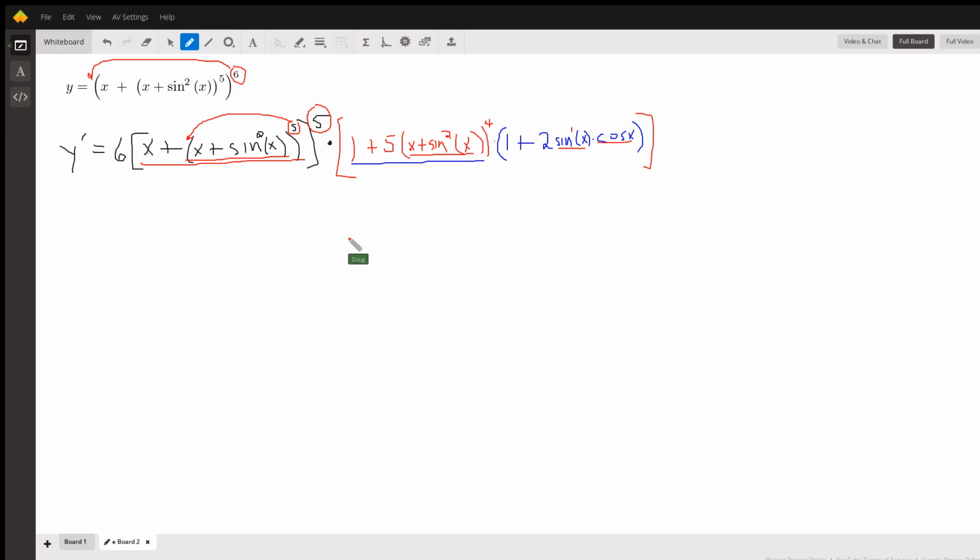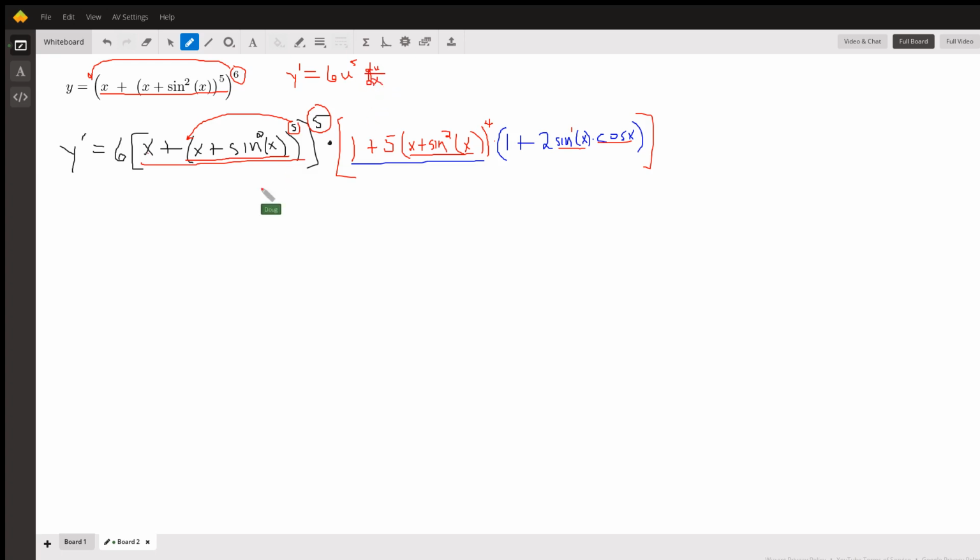Okay, so I hope that gave you the idea. There's some different things you can do maybe to simplify your work, like let this all equal u, and write y prime is 6u to the 5th times the derivative of u with respect to x.